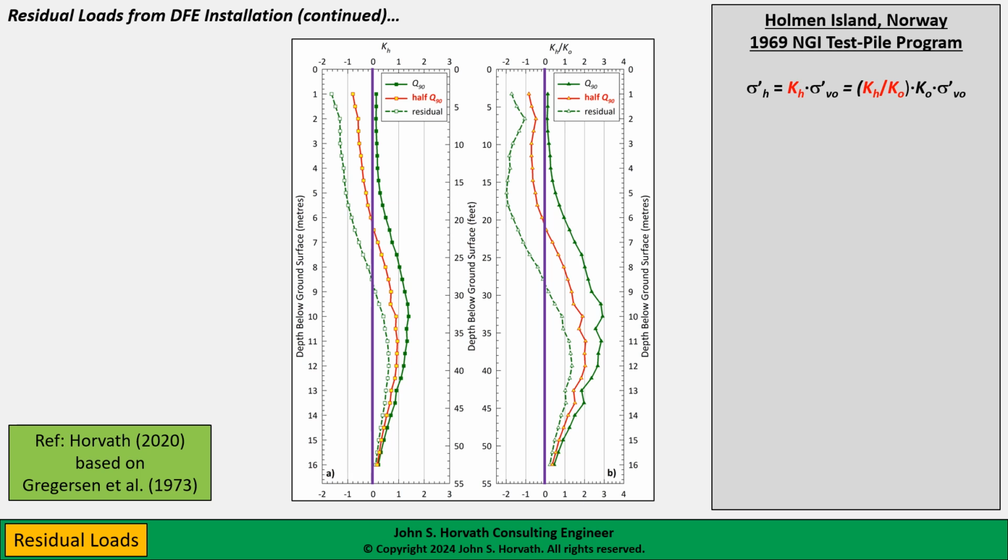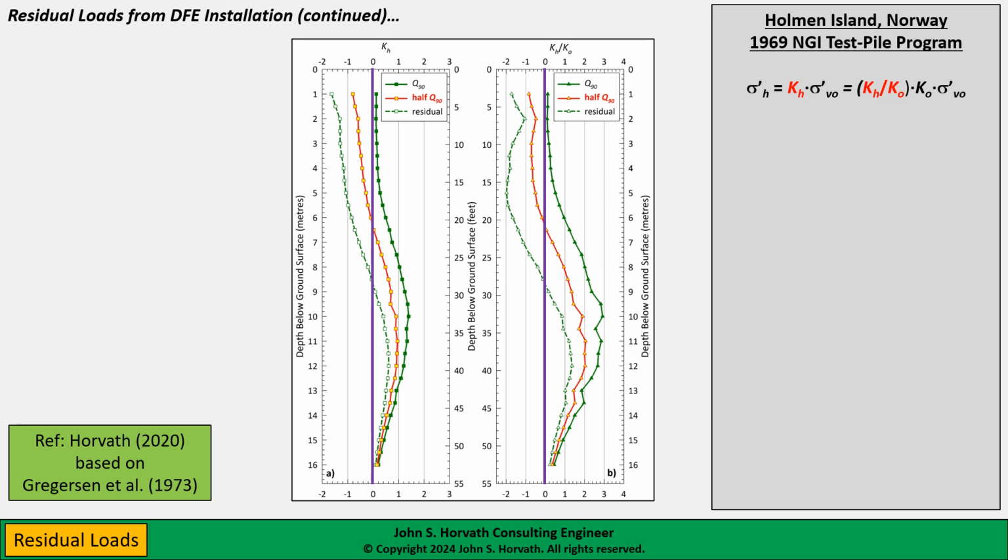And nowadays, the preferred way of expressing this is as the ratio of K_H to K_0 times the vertical effective overburden stress. Now, in this case, K sub 0 is the coefficient of lateral earth pressure at rest prior to installation of a DFE.